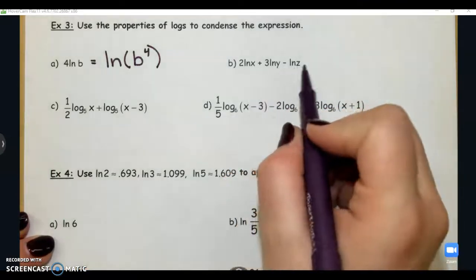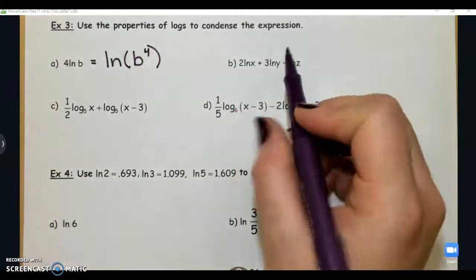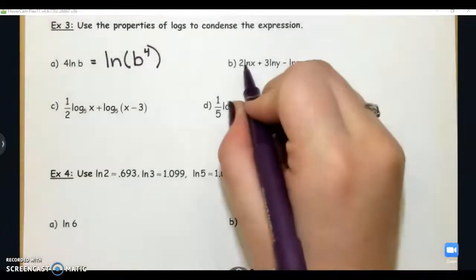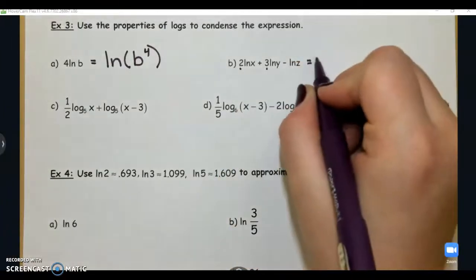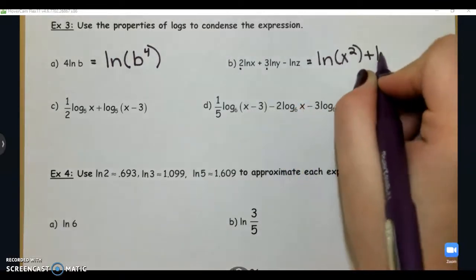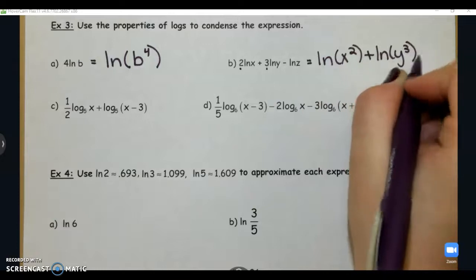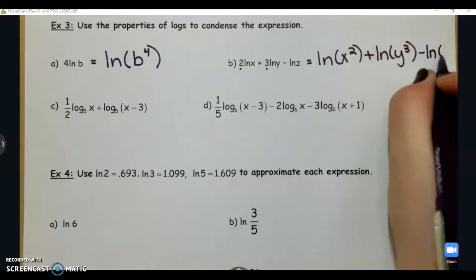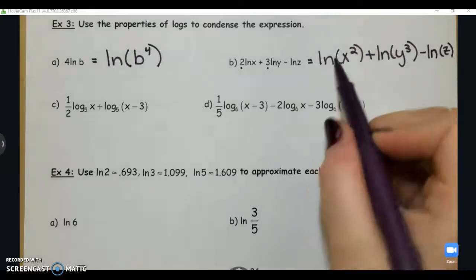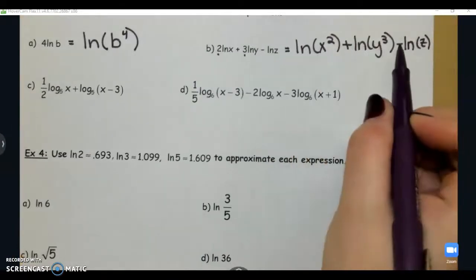On B, I've got a couple things going on here. The first thing I want to take care of is our exponent rules. So I'm going to take that 2 and that 3 and rewrite that as natural log of x squared plus natural log of y cubed minus natural log of z. Okay, so now I've got addition and subtraction going on.